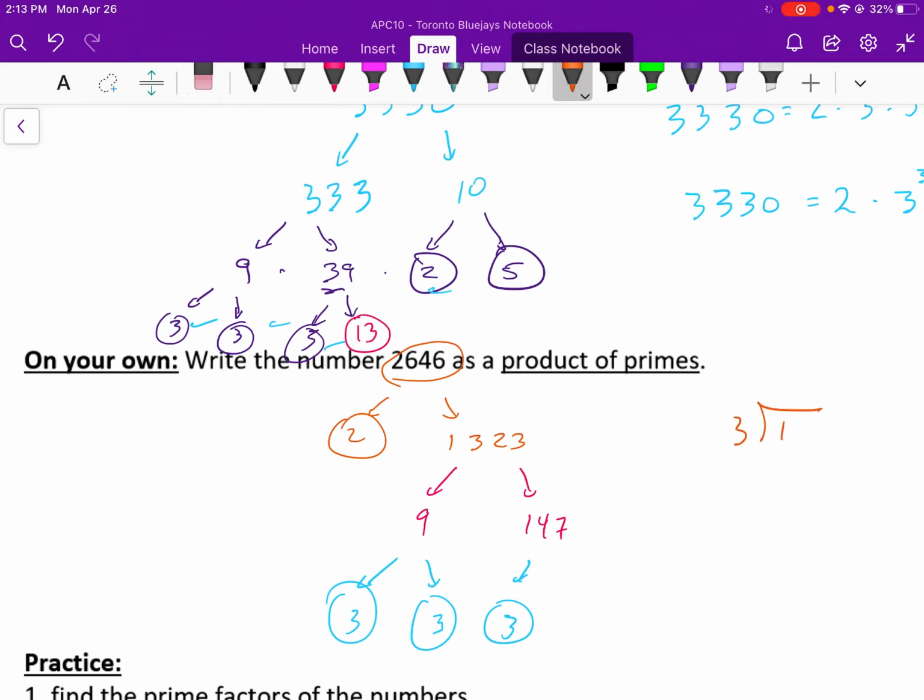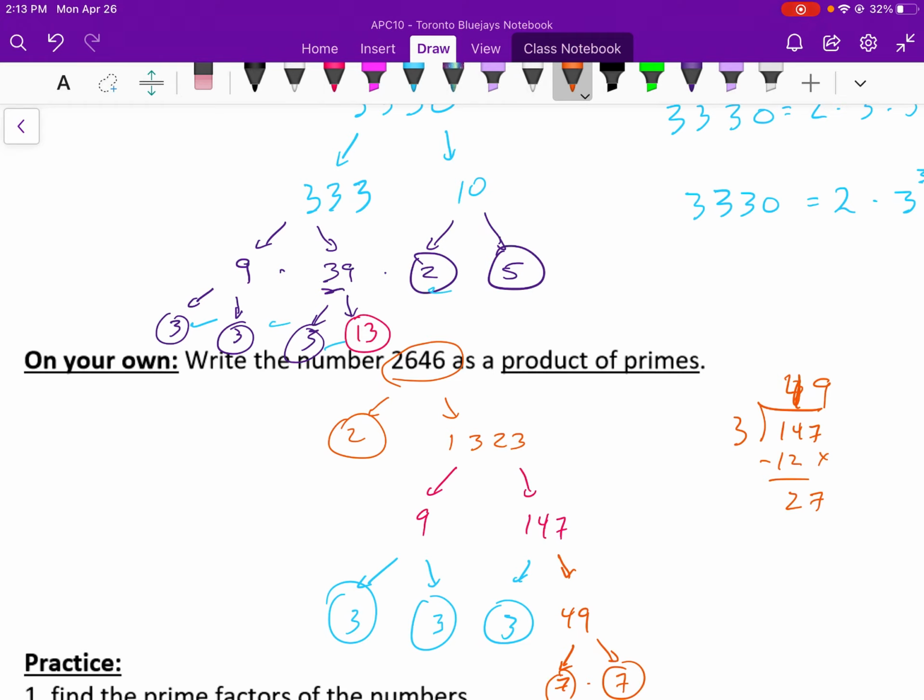So 3 goes into 147 four times. 4 times 3 is 12. Subtract. So 27, and 49 is what's left after bringing down. So 49 is a non-prime number. Hopefully you're able to recognize that that is 7 times 7.